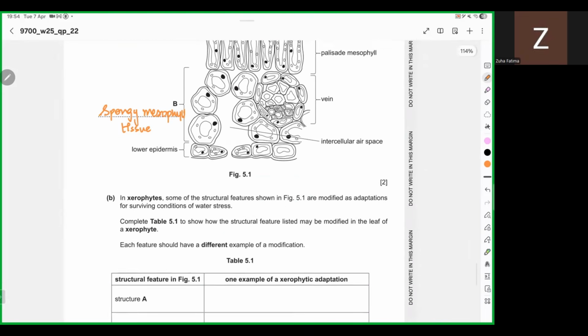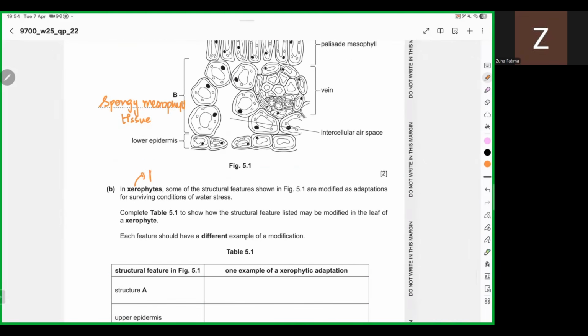What are xerophytes? Plants adapted to live in water stress. In xerophytes, some of the structural features shown in figure 5.1 are modified as adaptations for surviving conditions of water stress. Complete table 5.1 to show how the structural feature listed may be modified in the leaf of a xerophyte.